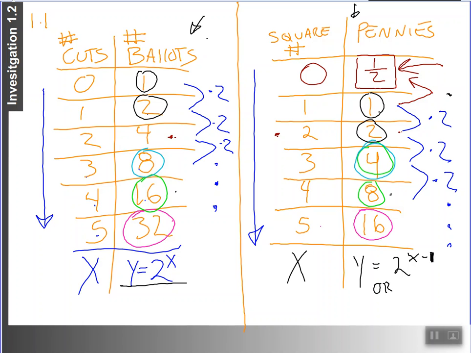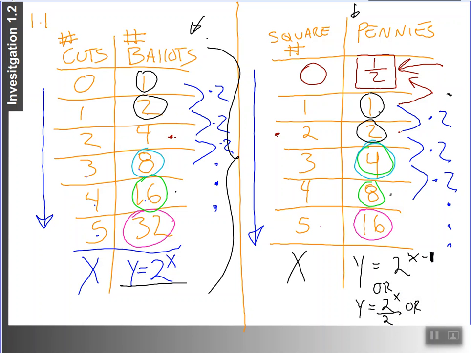Okay, so what could I do to y is equal to 2 to the x that would take the values from this table right here and make them half? Divide by 2. Okay. So I could also say y is equal to 2 to the x power divided by 2. Okay, that makes total sense.